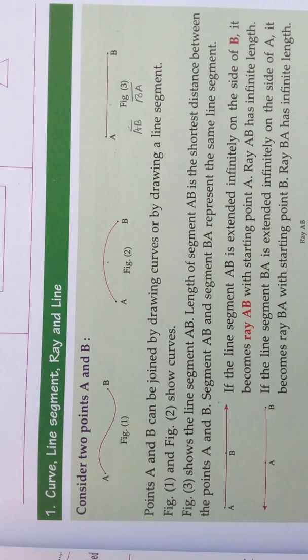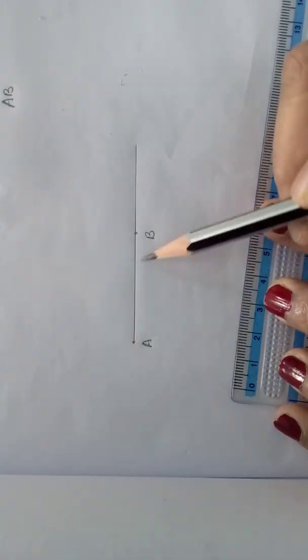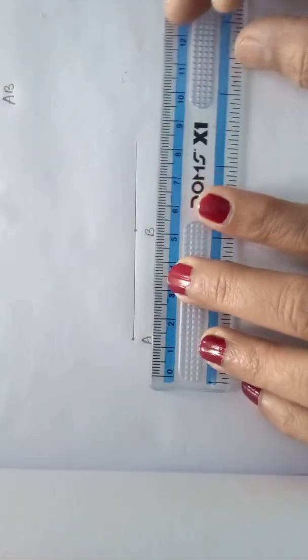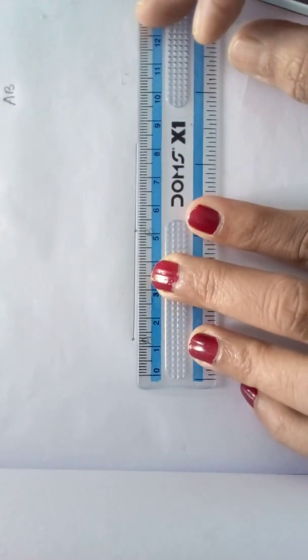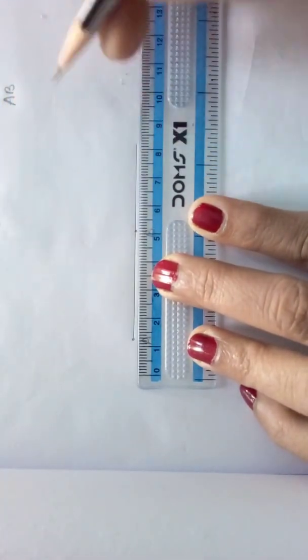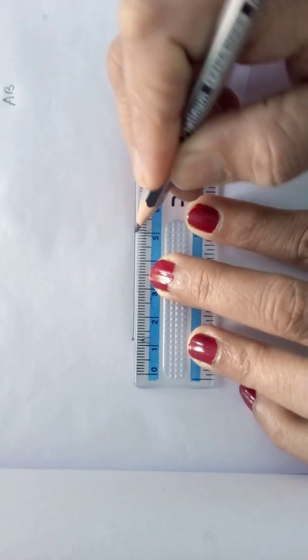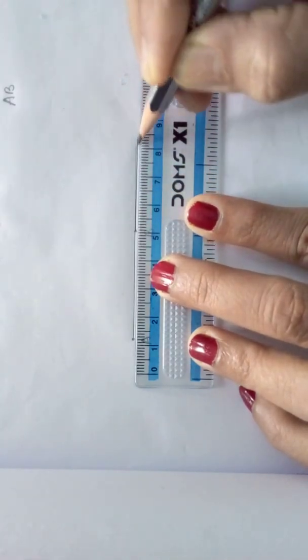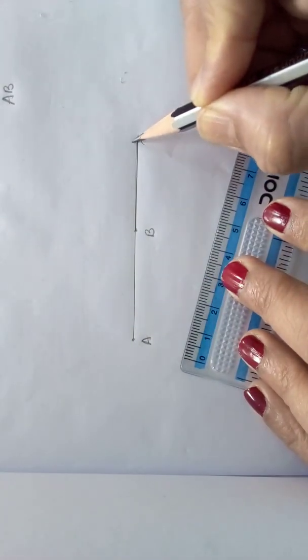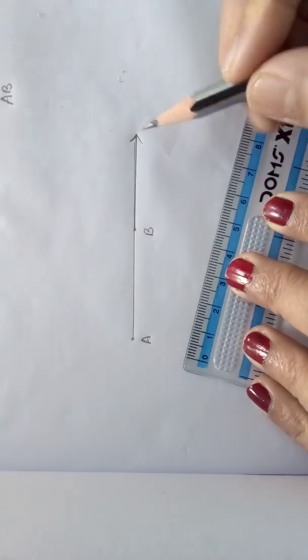For example, if you are extending one end of the segment, AB is the line segment that we know. I am extending one end of the line segment. If I am taking point B and extending, it will go on infinitely, on the arrow mark.